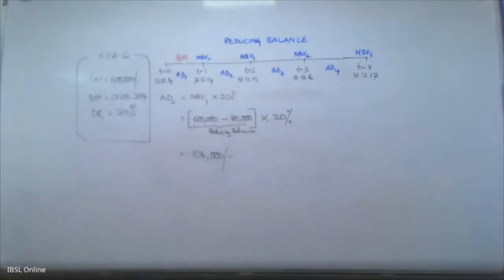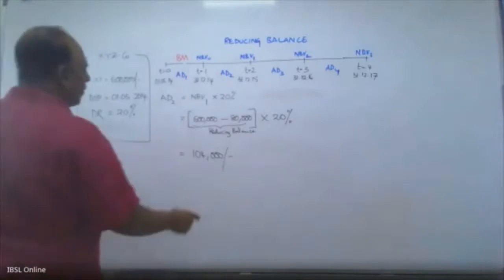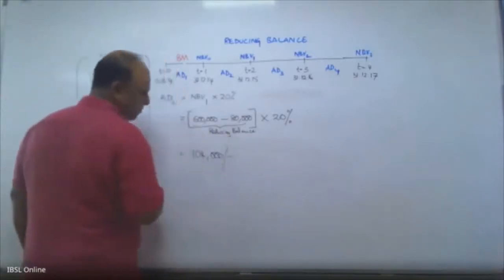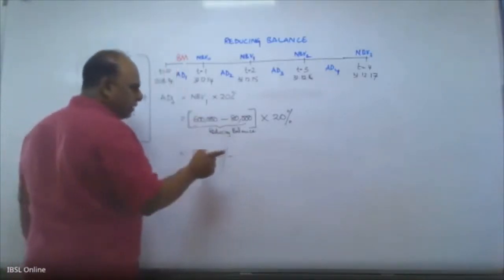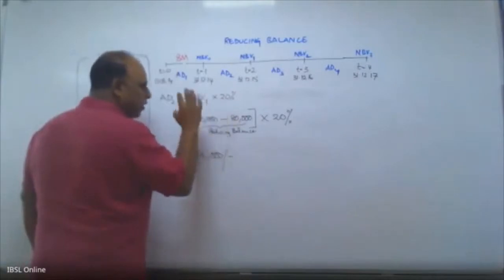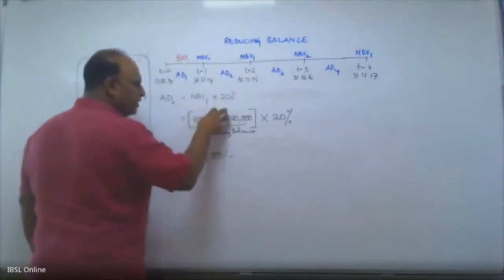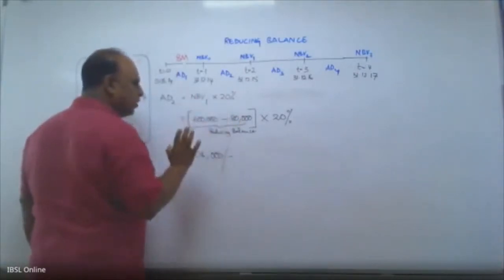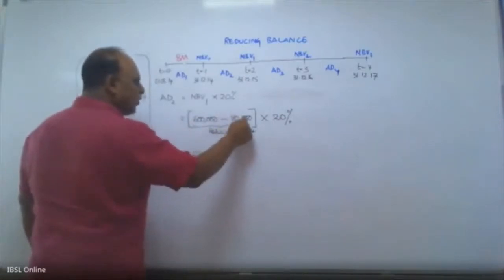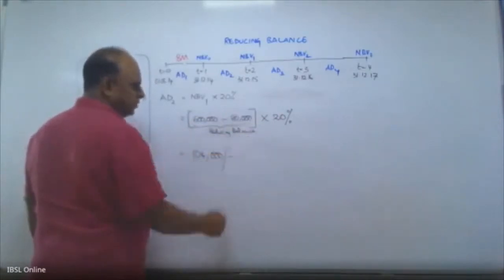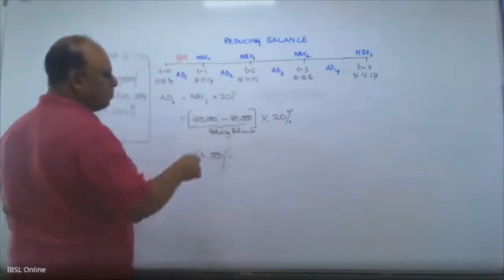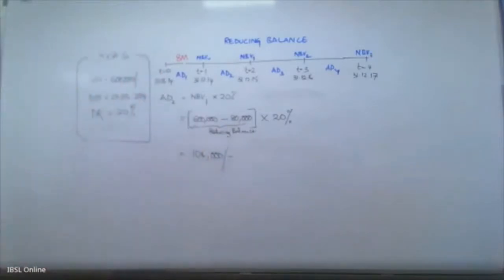Why? Because you are already going on the reducing balance method. Under the straight line method, this amount is already fixed. Every year this is fixed. But here it is not going to be because this is going to change year by year. So you don't get the same answer every financial year.